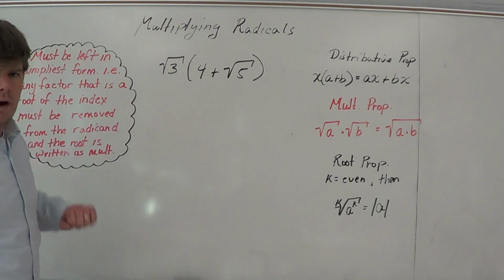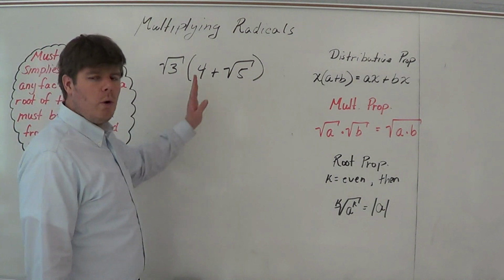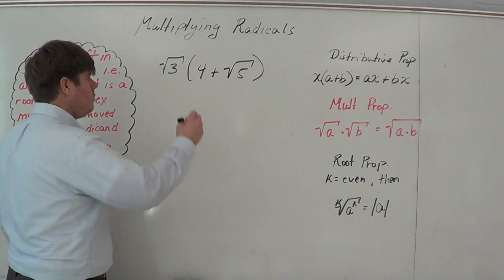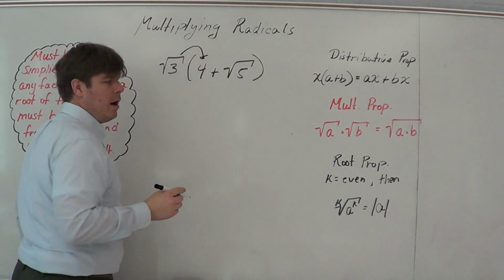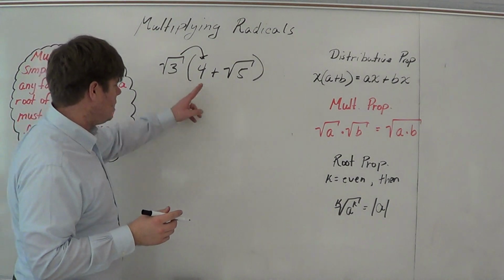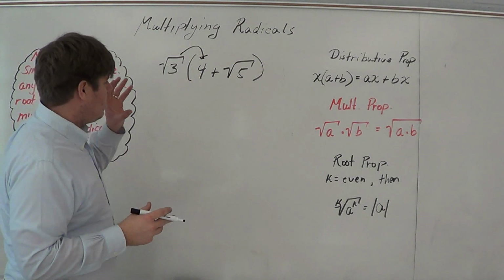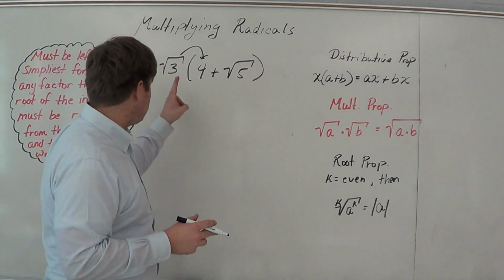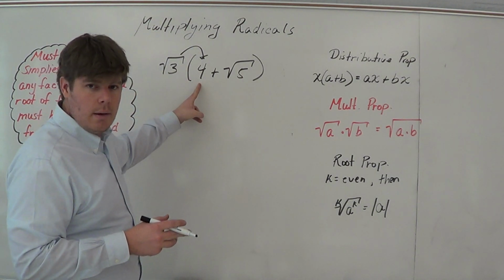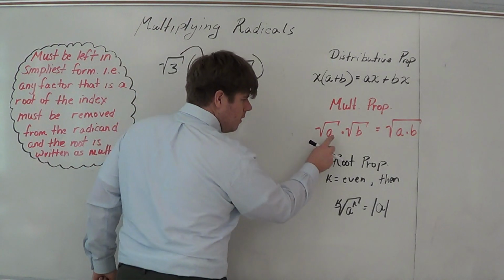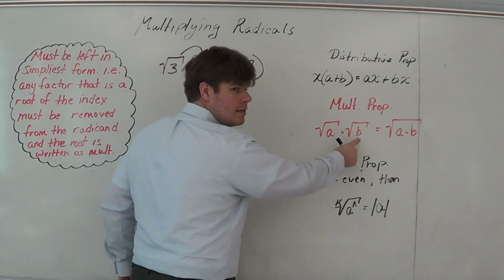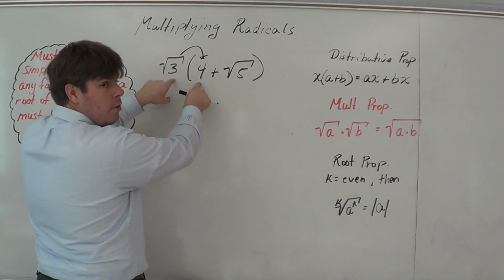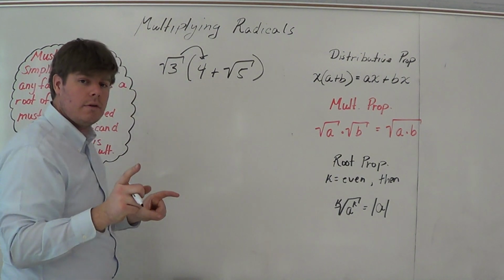Now I have this quantity, and all I want to do is multiply it through and then simplify if I can. So I take root 3 and multiply it by 4. Root 3 times 4 is going to be 4 root 3. What I want you to understand here is that I don't do 3 times 4, because this has a root and this doesn't have a root that I'm taking of it, so I can't multiply the 3 and the 4 together, and that's important to understand.